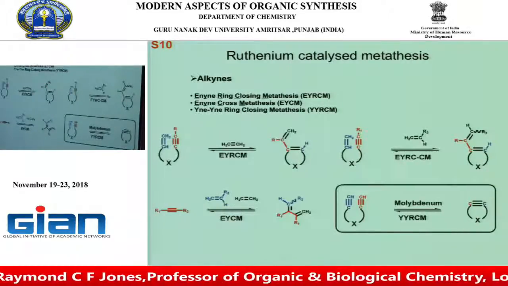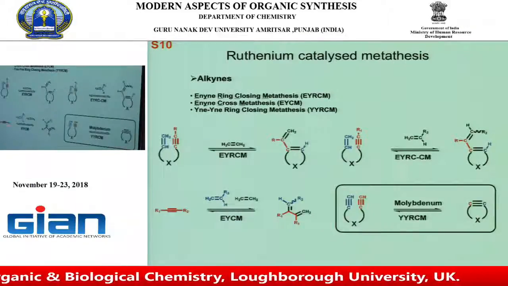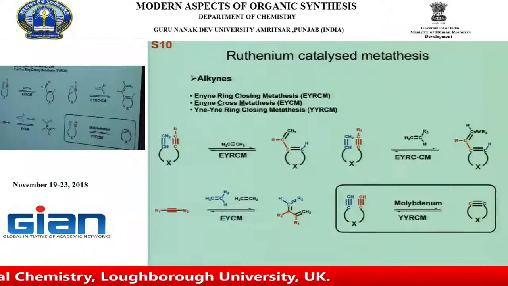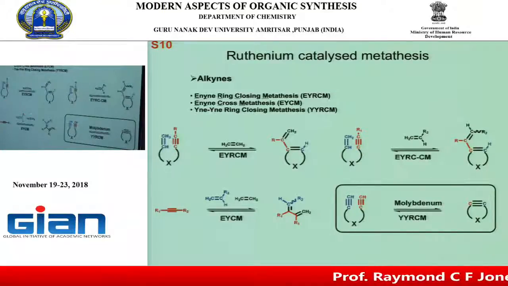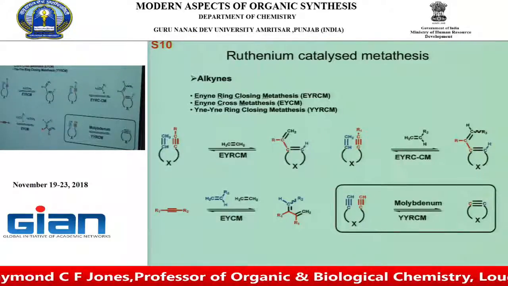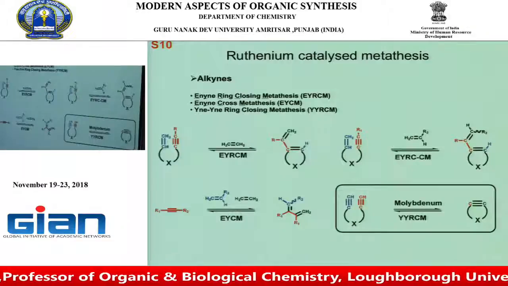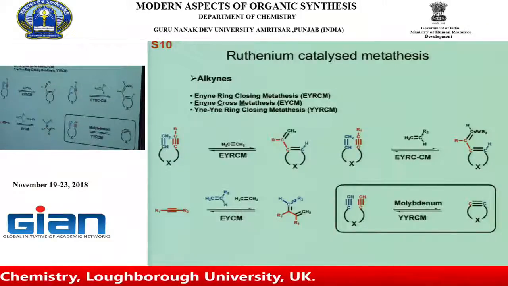Now it doesn't have to be ring closing, so here's a case where you take an alkyne and a separate alkene that's not joined to the alkyne with a tether between them, and ethene, and here is the product. I'll ignore that box for now.